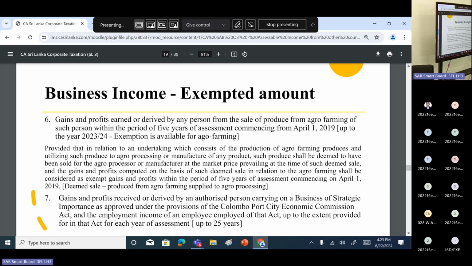In this industry, they recognize the price for 1 kilogram of green tea. That can be applied and they can recognize the notional sales. That's the meaning here. I have my own estate as well as my manufacturing plant, so I have to recognize sales from my estate to my plant. That's why it says deemed sales.